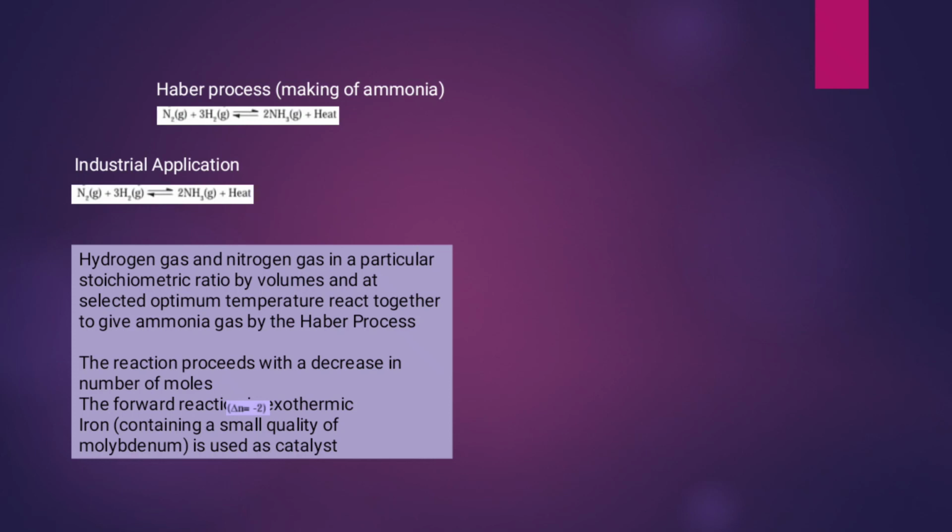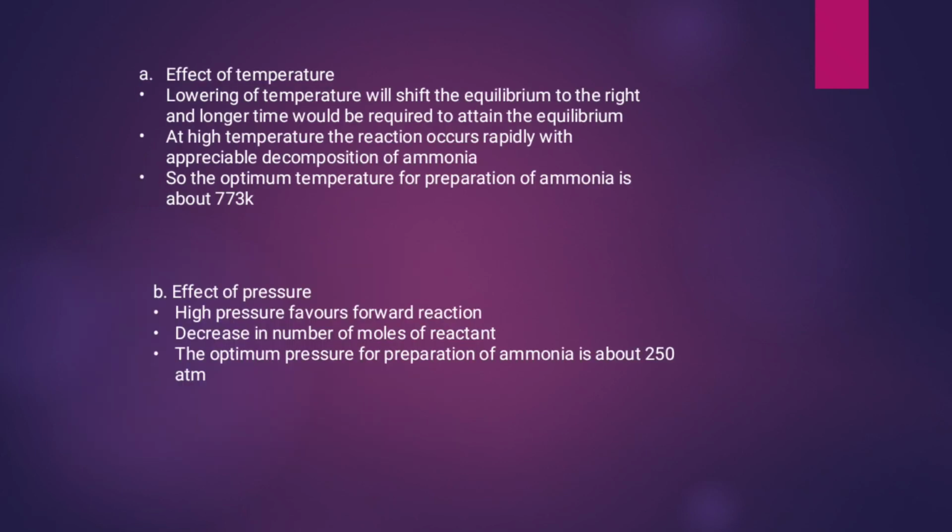Now for the same reaction, the Haber's process in the preparation of ammonia, we'll see the effect of temperature. Here the reaction is exothermic. Lowering the temperature will shift the equilibrium to the right, but a longer time will be required to attain equilibrium.